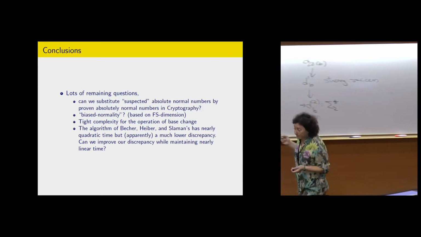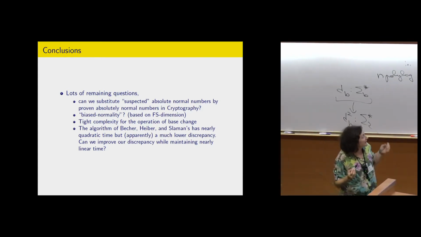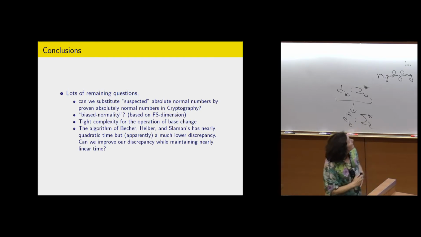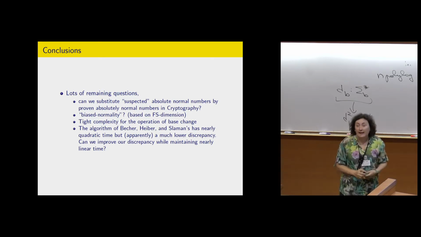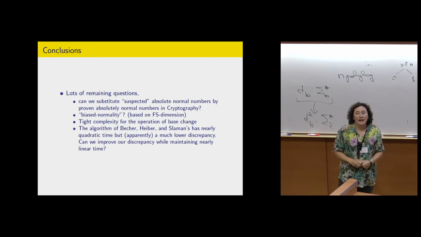What they have proven lately seems to be that if you want to achieve normality very quickly, you need to pay with efficiency. This is something we should find out: is this necessary? Can you get discrepancy for free?